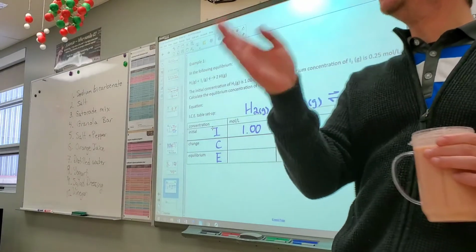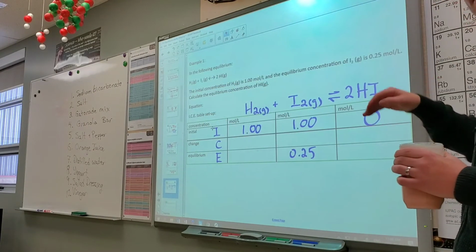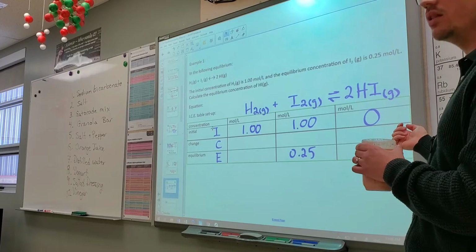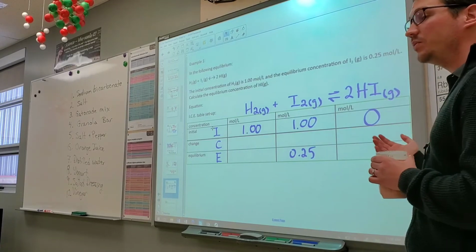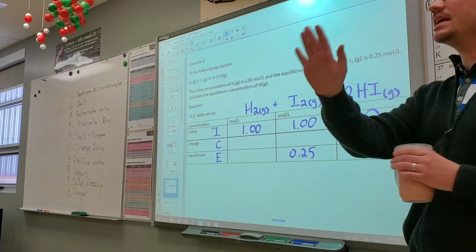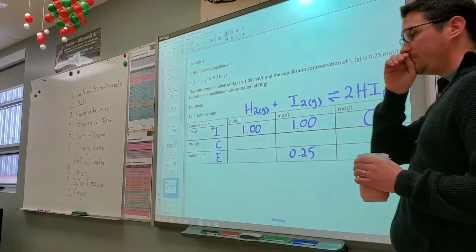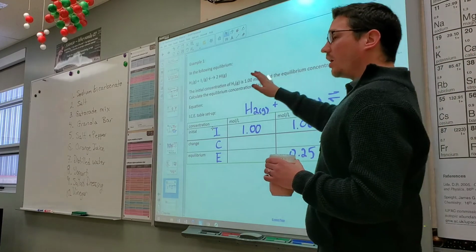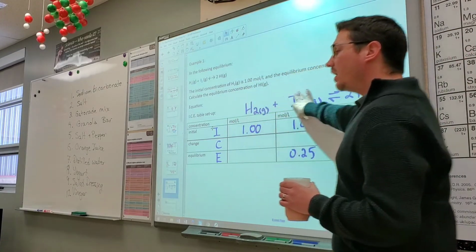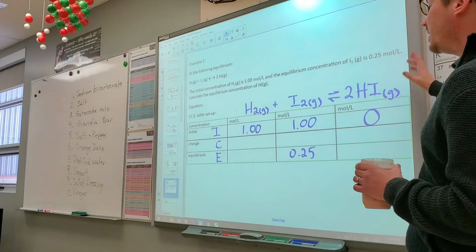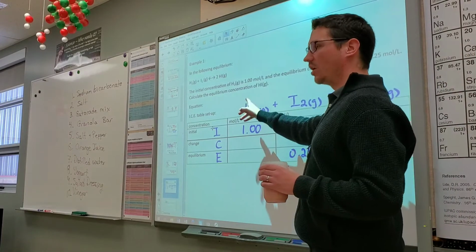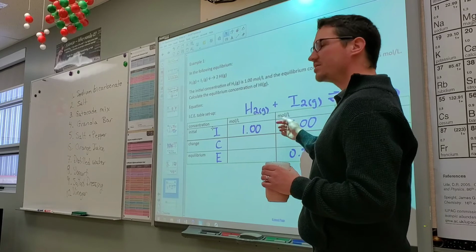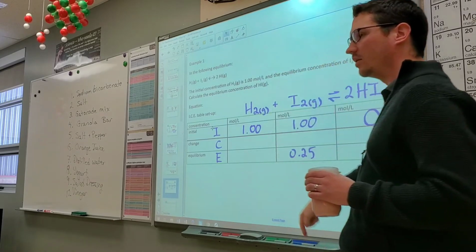We can complete one of these columns. Now let's think about this for a second. Are we going to be making products, or are we going to be making reactants? Are our reactant concentrations going up or going down?